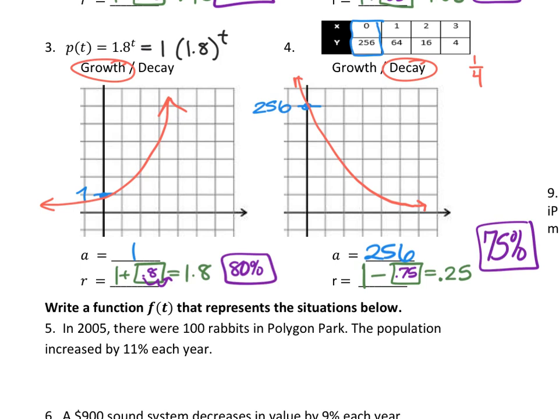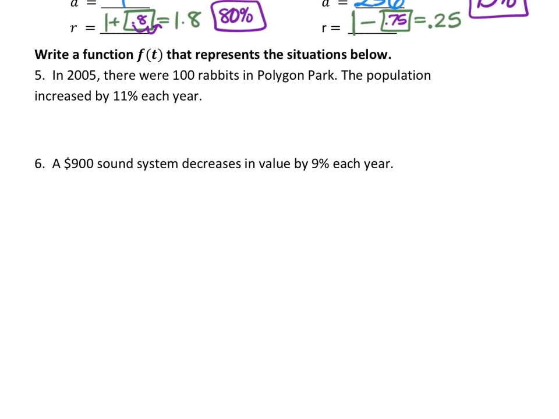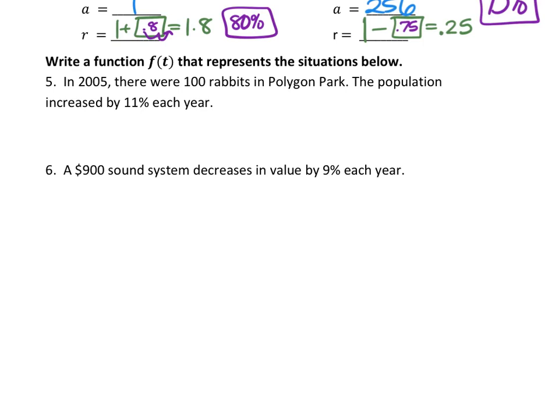All right. On number 5 and 6, I need you to be able to write these functions from a word problem. This is what our classwork is going to be about today. It says that we want to write a function f of t that represents the situations below.